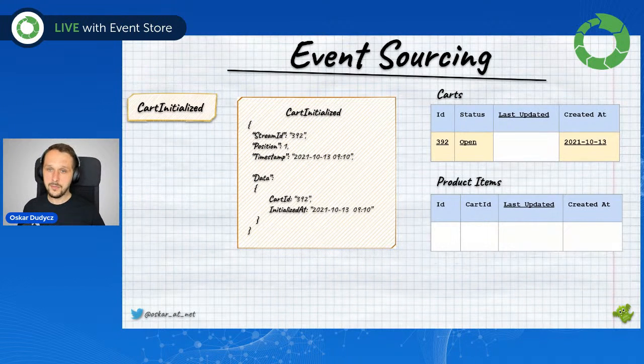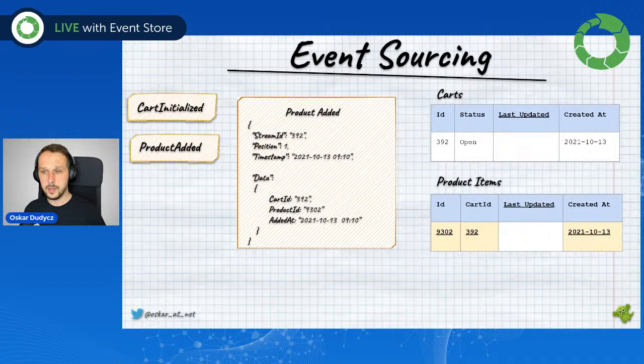So let's have a look at the example where we included the product items table. In the middle, you will see an example of how the event payload could look. If we have an initialized event, then we could put in the data a cart ID, and in the classical approach, that's a new record.